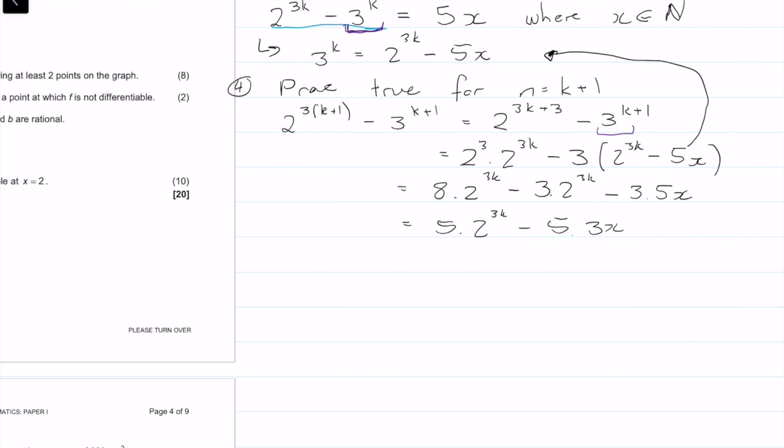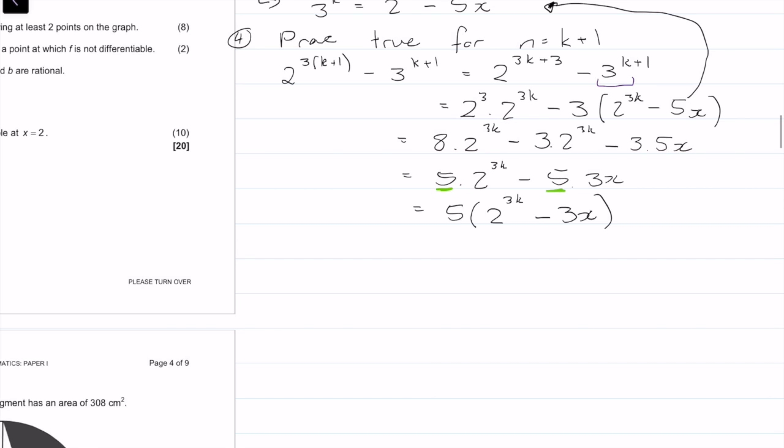Here there is a common factor which is 5. So we can pull out the 5 and say that it's equal to 5 times 2 to the power of 3k minus 3x.